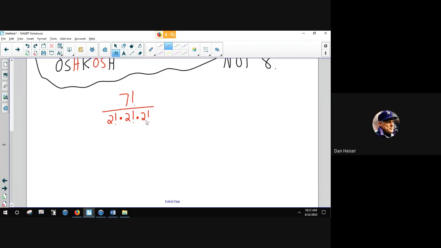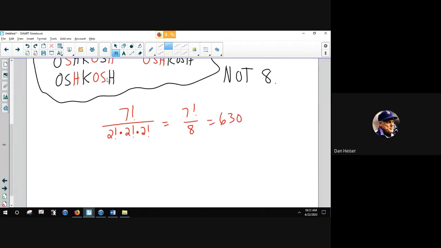That's going to give me my 8. So we end up with 7 factorial divided by 8, and we end up with 630 ways. That's how many unique ways there are to arrange the letters in the word Oshkosh. Not 5,040.